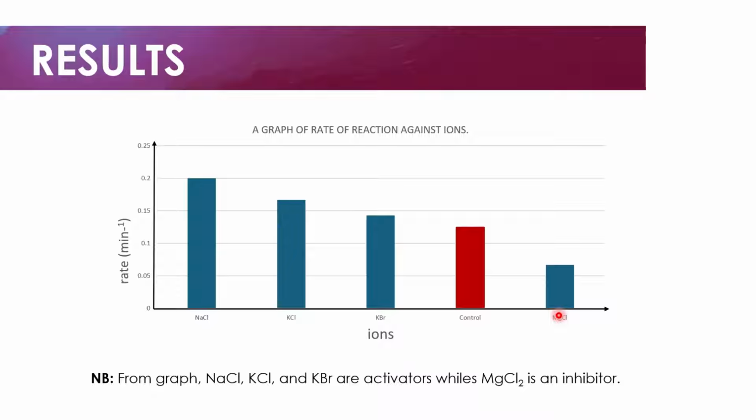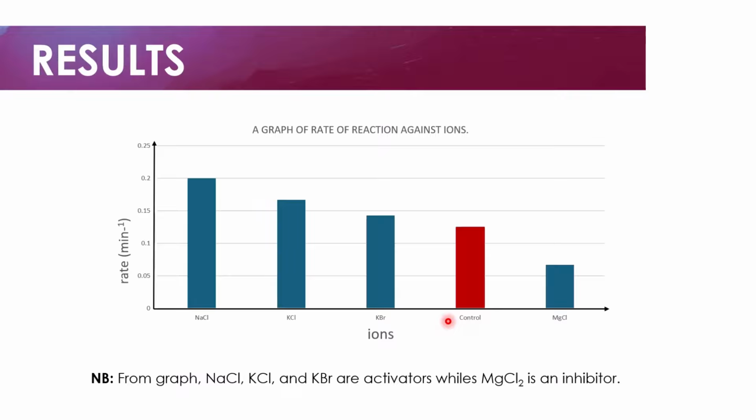From theory, what we have to note is that activators speed up the rate of enzymatic activity, while inhibitors decrease the rate of enzymatic activity. Using the distilled water as a control, we can see that the rate of enzymatic activity for the reaction mixture containing sodium chloride, potassium chloride, and potassium bromide has increased, whereas that for magnesium chloride has decreased.